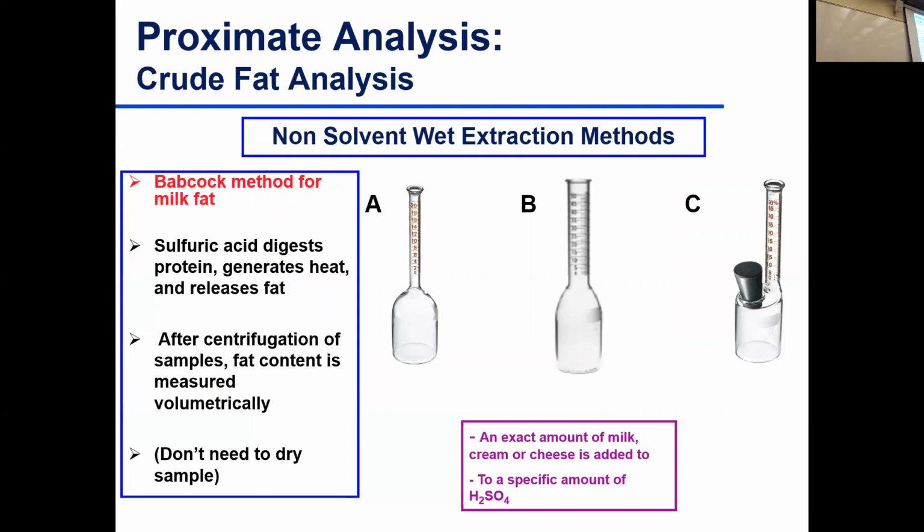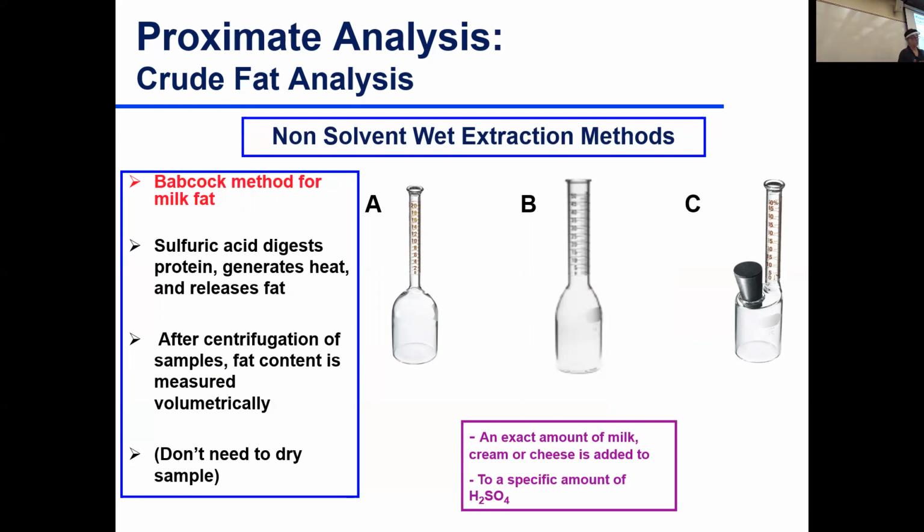So what happens in this case, you use concentrated sulfuric acid. A specific volume of your sample, I believe it's 17.6 milliliters. It means nothing to you, but just say a specific volume of sample is put here, and then you add the exact same volume of concentrated H2SO4.